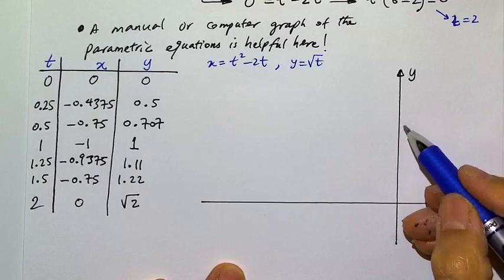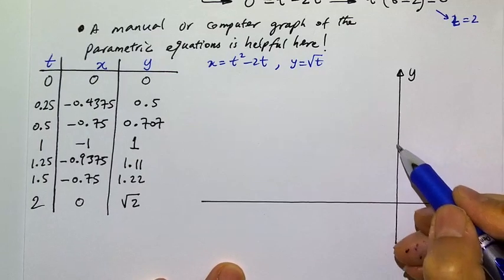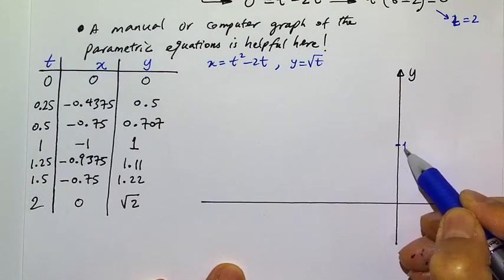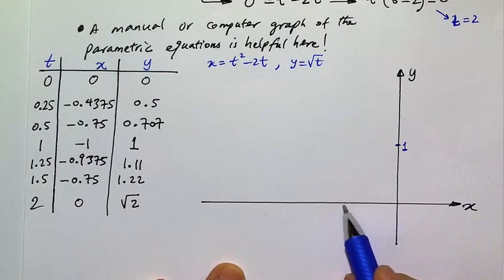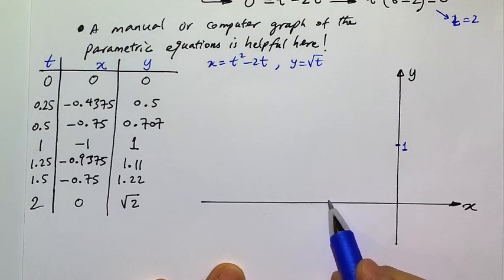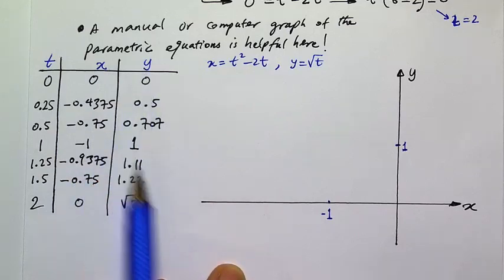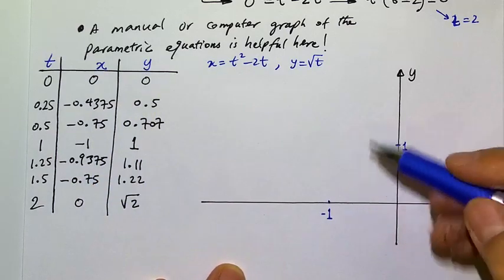So if this is 1, let's say, and if that's minus 1, right, at x equals minus 1, y equals 1. So we know at least that.